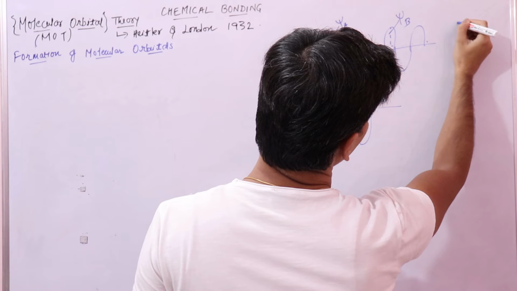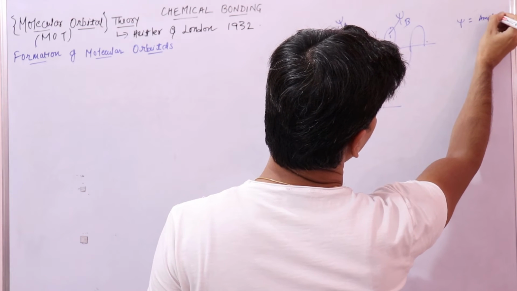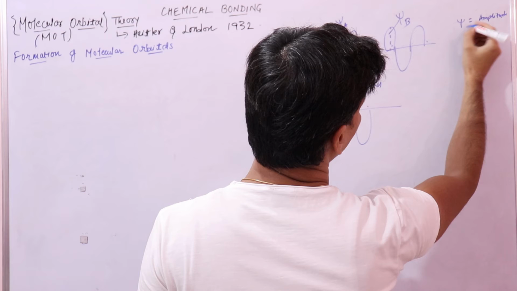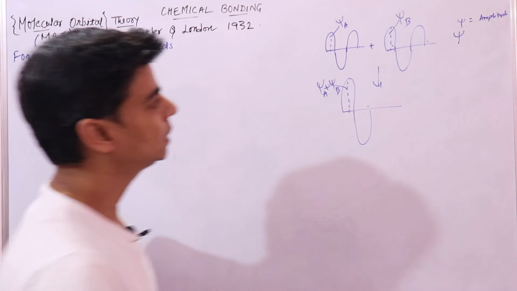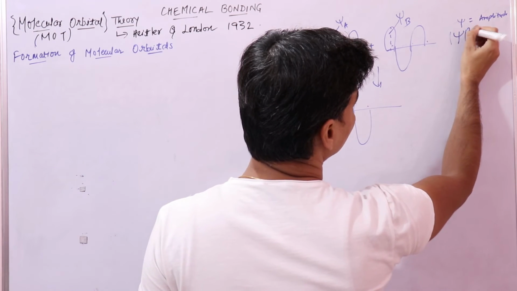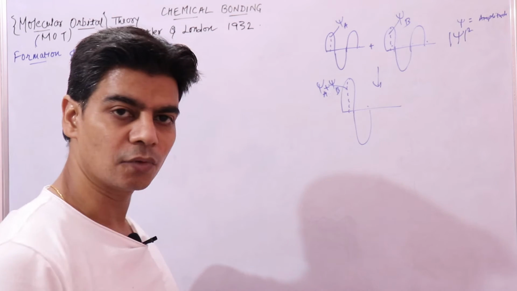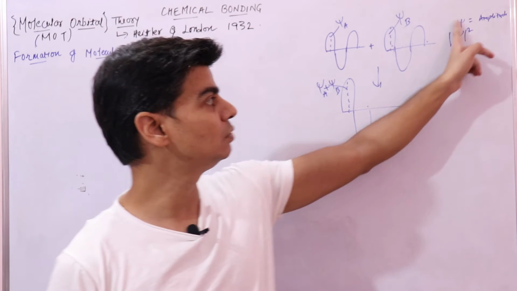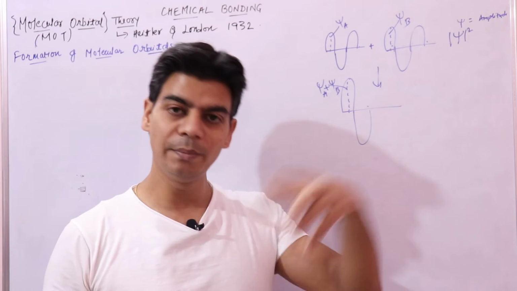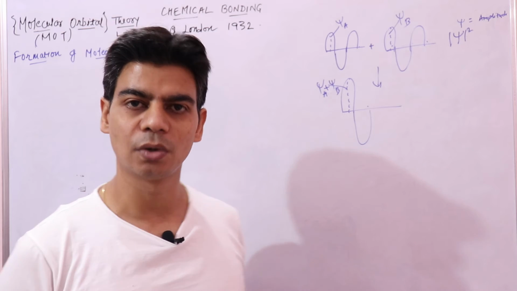Since psi represents the amplitude, we know from atomic structure that using psi square we calculate the probability of finding the electron in the orbital. Using the different values of psi square we build electron clouds, and electron clouds are nothing but atomic orbitals.